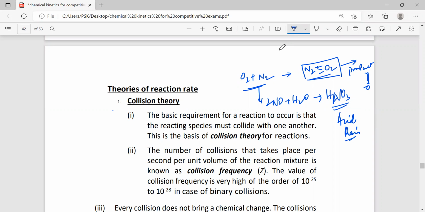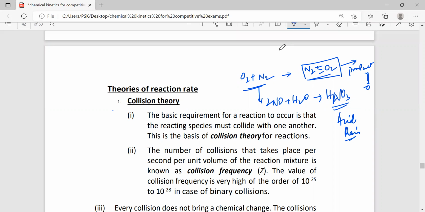So at higher temperature, nitrogen and oxygen react, and the product comes to the earth in the form of acid rain. We are not talking about the concept of acid rain here.